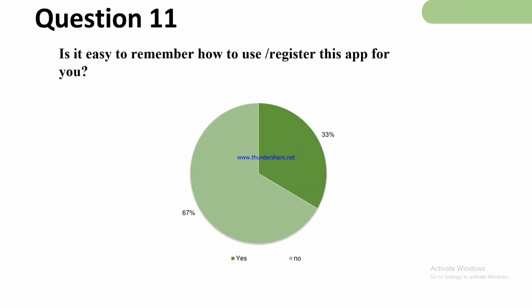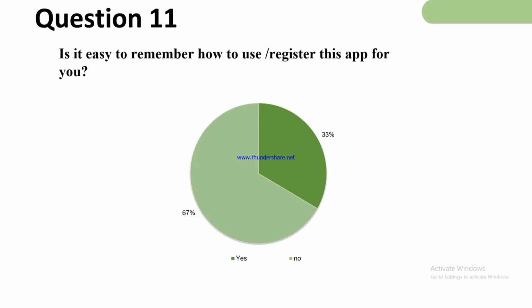Next I asked the users, was it easy to remember how to use or register this application? 67% of users said that it was not easy to remember how to register, and 33% said that it was easy.